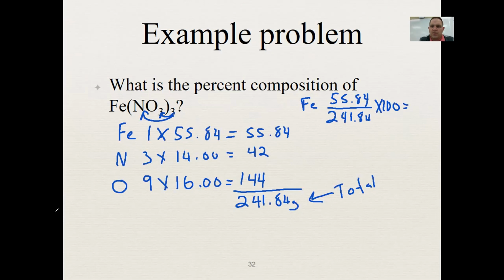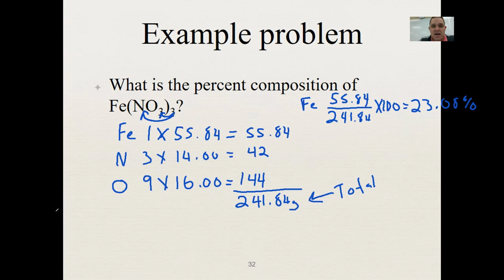Let's see what I get. 55.84 divided by 241.84, times 100, I get 23.08%.